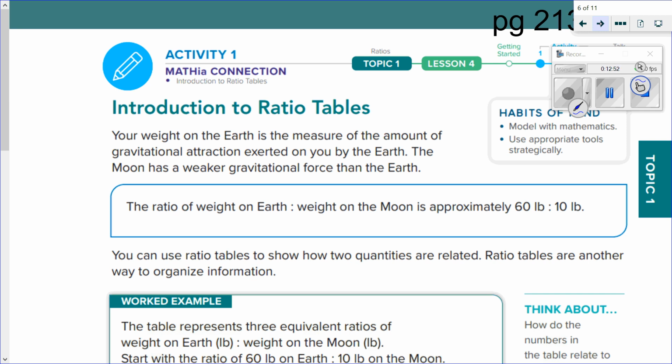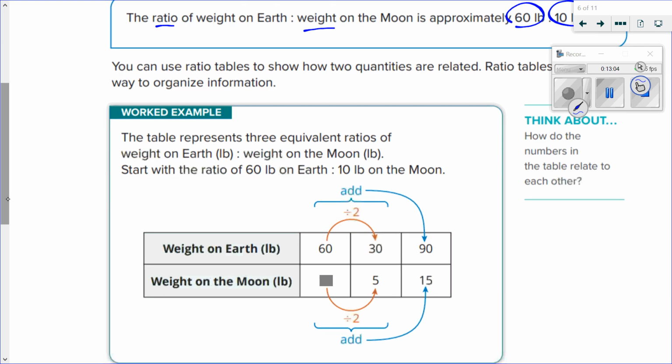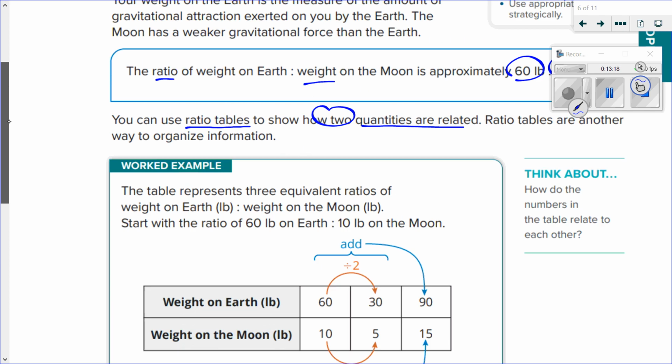So when we look at it, the ratio of the weight on Earth to the weight on the moon is approximately 60 pounds to 10 pounds. Okay? So we can use that ratio. We can now use ratio tables to show how two quantities are related. So make sure you mark that one. We haven't really talked about ratio tables yet. Actually, we should probably highlight that. So get out your highlighters, your marking pens.